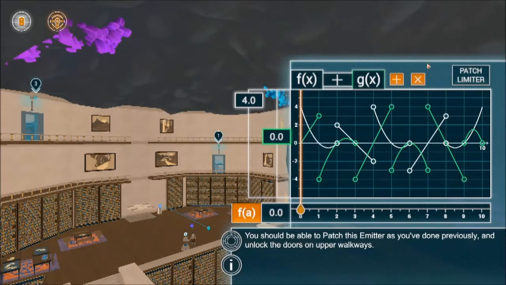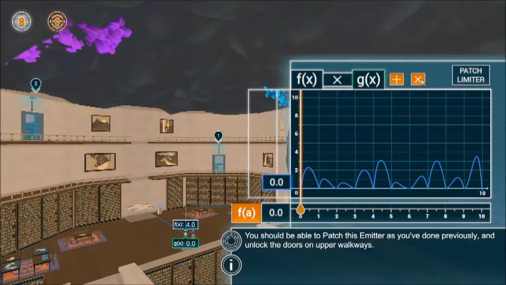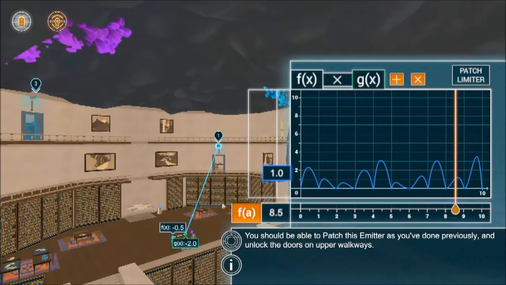So let's go to the... there we go. So we want a value of 1. No, it doesn't look like the patch limit is going to give me that, except maybe there. There we go. That's good.